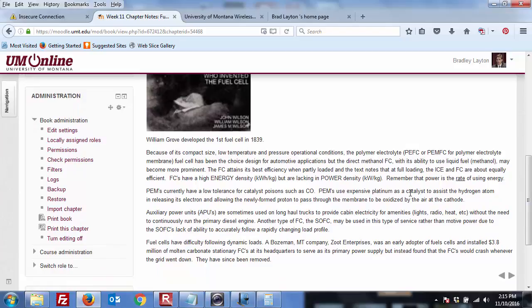So there you go. You need a catalyst to assist the hydrogen atom to release its electron. And then the proton flows through, and that's where the electricity comes from. So that's the difficult part. And then oxidation is obviously an issue as well.